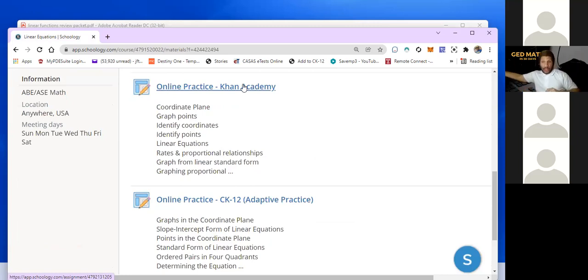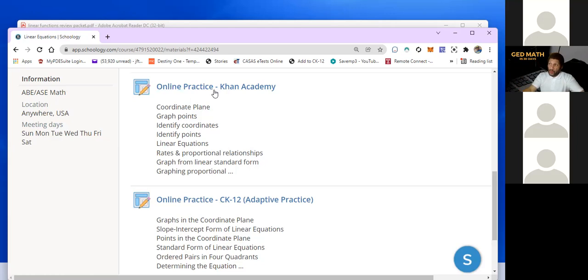I had one person text me today and say, I love CK12. The one thing about CK12 that I love is that it starts out with easy problems, and as you get them correct, it increases the difficulty. Okay, Khan Academy, I don't know what kind of algorithm it uses, but it just has a certain amount of questions it uses. But you can use Khan Academy or CK12, it doesn't matter.